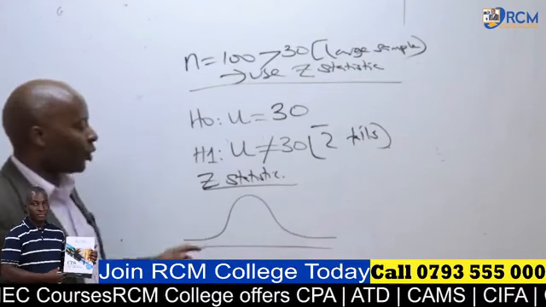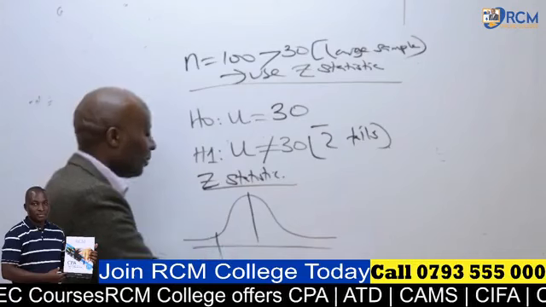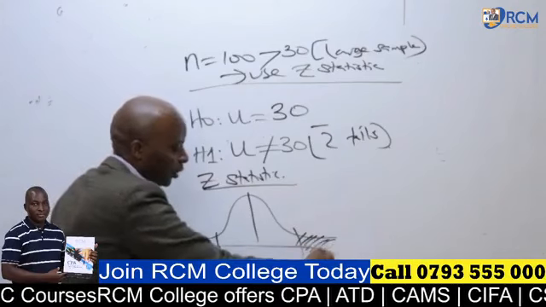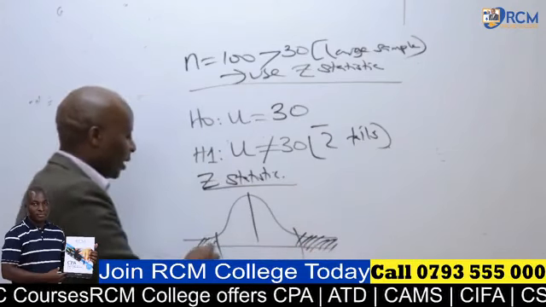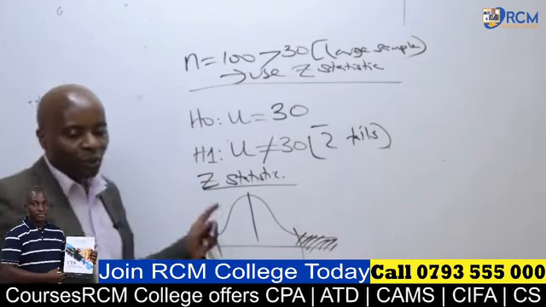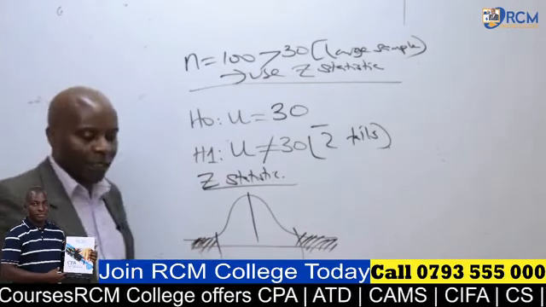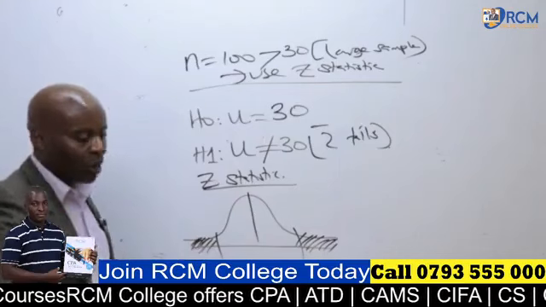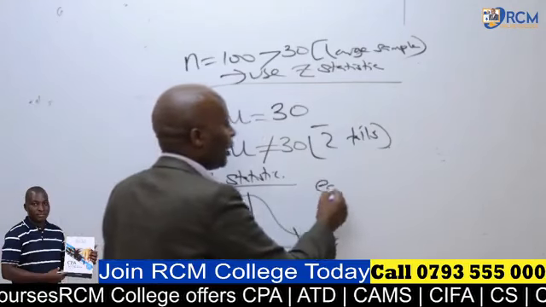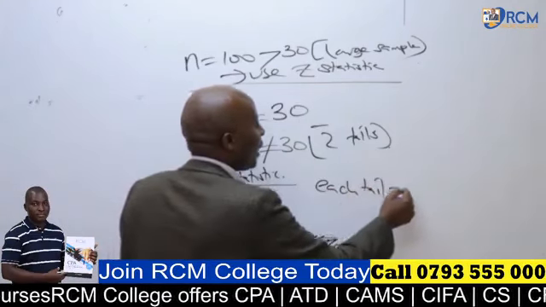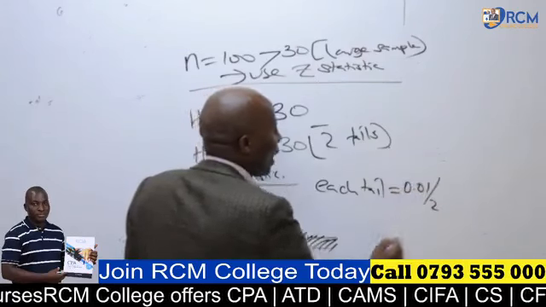Because it is two tails, not a problem. I'll come and shade my two tails. Of course, there is no tail at the middle. When there are two tails, I have to subdivide the level of significance into two. Because of the two tails, each tail will take 0.01 divided by 2.